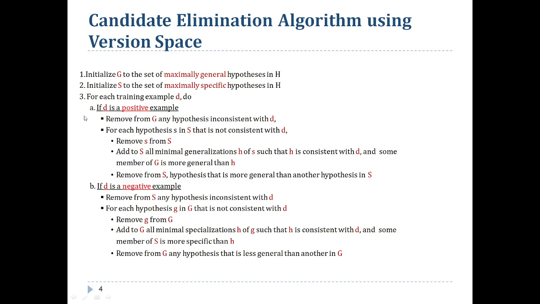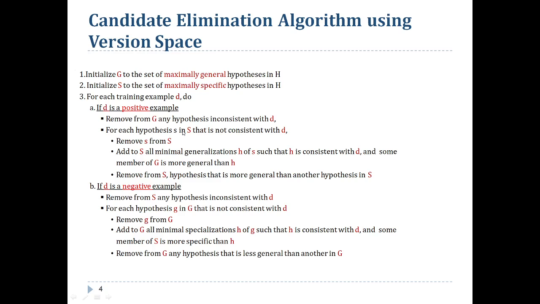So this is the candidate elimination algorithm. Here we need to initialize the maximally general hypothesis and the maximally specific hypothesis. Then for each training example D, if D is a positive example, we do the same as in the find-S algorithm: compare the attribute value with the hypothesis value.